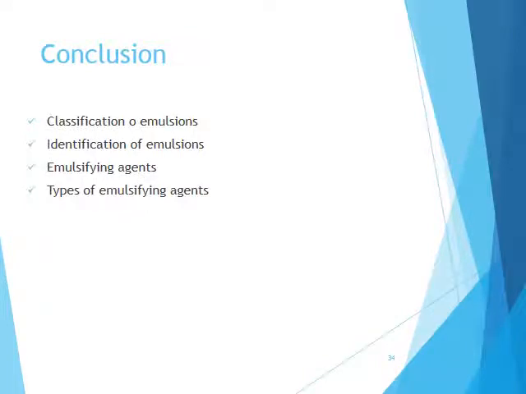At the end of this lecture, I'd like to summarize the topics covered. The lecture covered the general classification of emulsions, and then we moved to the identification methods normally used in differentiating different types of emulsions. We mentioned the general methods, but if we want to characterize the emulsions, we can use different characterization techniques.